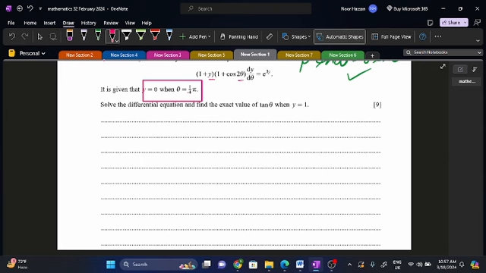I want to separate my equation by the method of separation of variables.